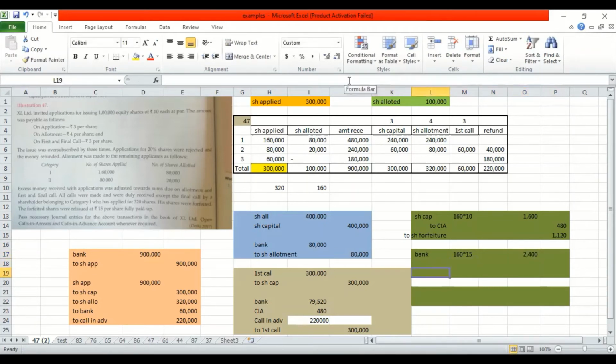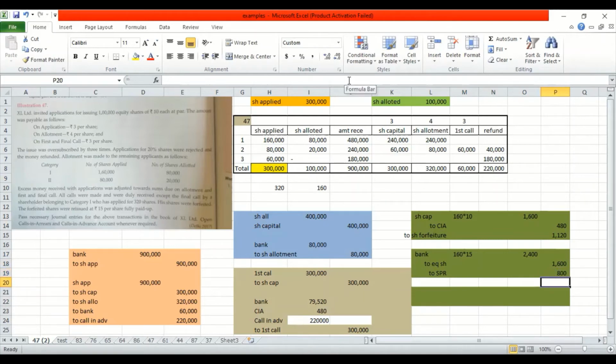That itself tells us that they have issued it at a premium. So equity share to SPR, right? You write SPR, you can write anything you want. You can write securities premium reserve, SPR, share premium, and this comes as this figure, and this will be 800.